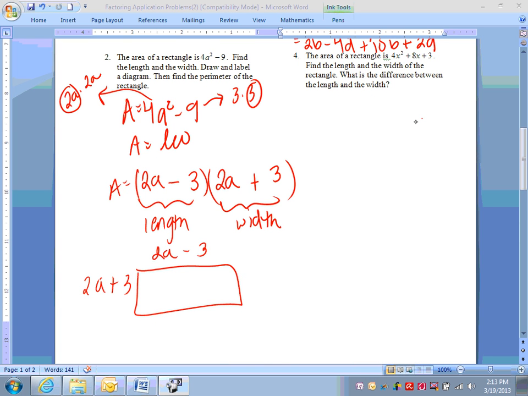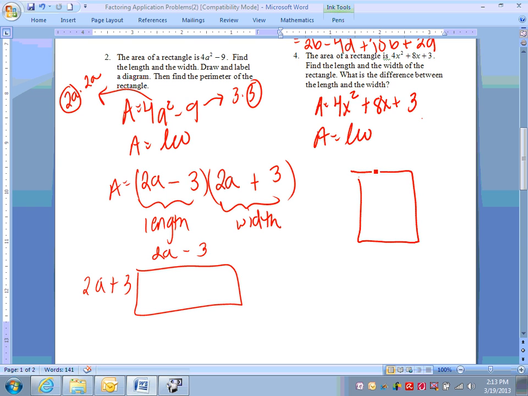Problem number 4 gives us the area of a rectangle, and they tell us it's 4x squared plus 8x plus 3. And the area is length times width. Once again, we're going to do the reverse box method. In the upper left-hand corner, we put 4x squared. In the lower right-hand corner, we put 3.